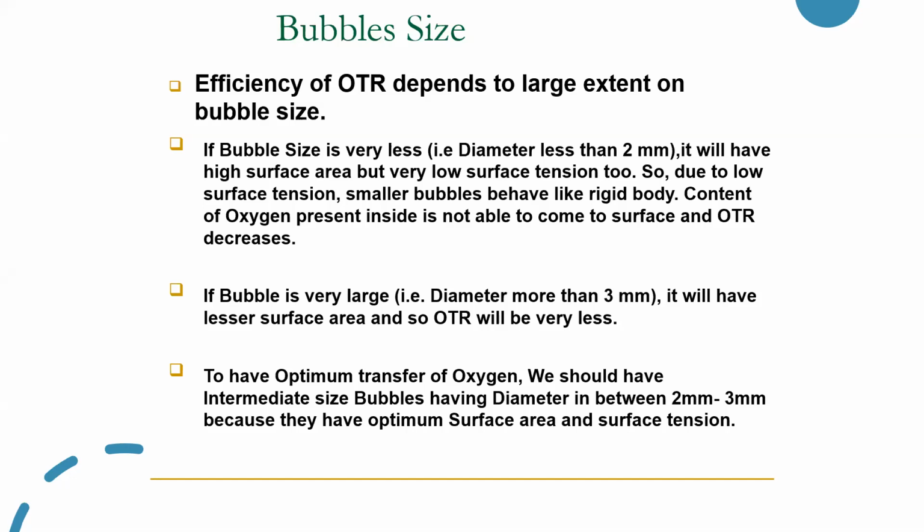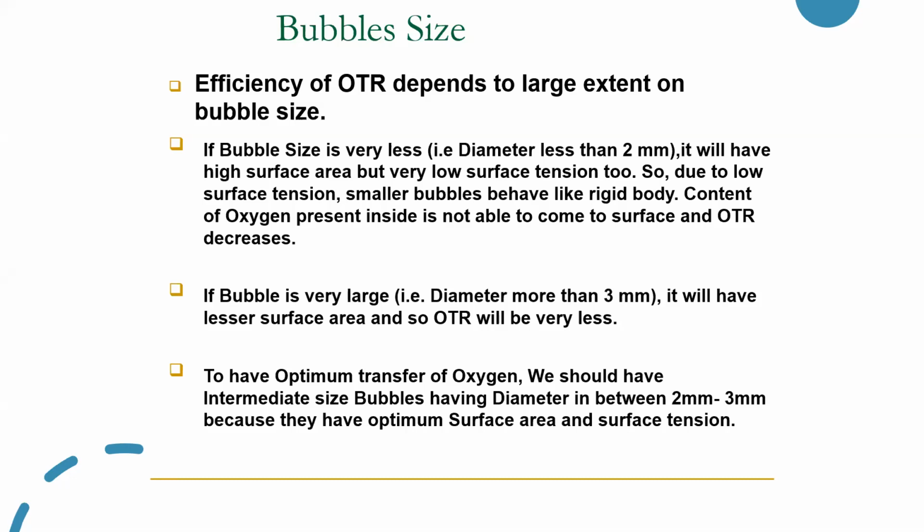And due to this low surface tension, smaller bubbles behave like a rigid body. So whatever oxygen is present inside this rigid body will not be able to diffuse from the center to the surface. So due to this rigid nature of the smaller bubble, even though it has high surface area, our OTR will be lesser. And what about in case of larger bubbles?